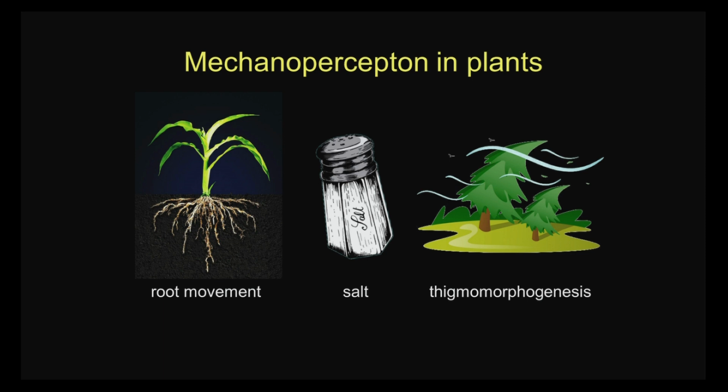Another mechanical signal perceived by plants, which we often don't think about, is salt. Salt will cause changes in cell swelling due to osmosis and the movement of water in cells. So this is another form of a mechanical stimulus.